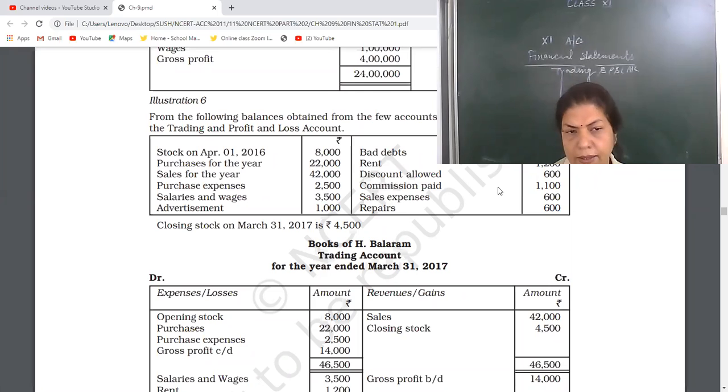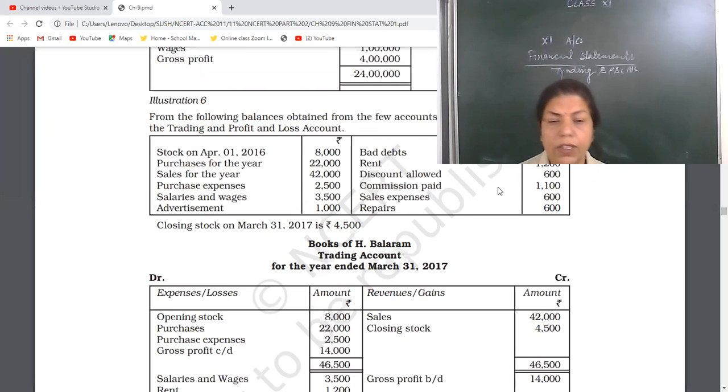Purchase expenses. As I told you, purchase expenses means those expenditures which are related with purchase or factory or manufacturing will be entered in trading account. Salaries and wages. See here, the first word given is salary and wages, means first priority is to salaries.